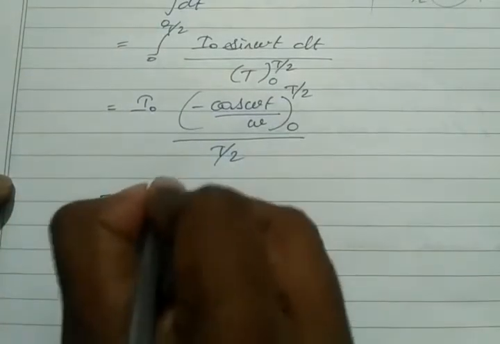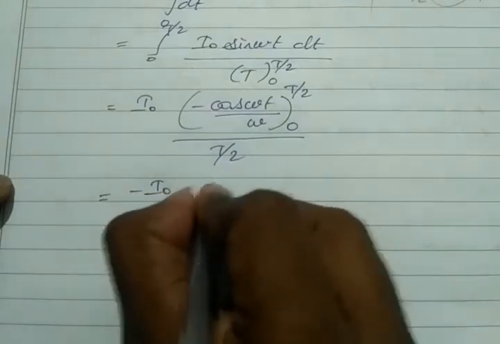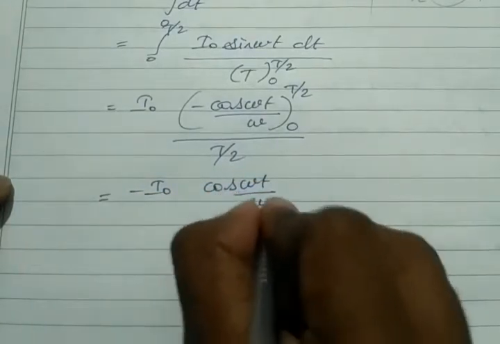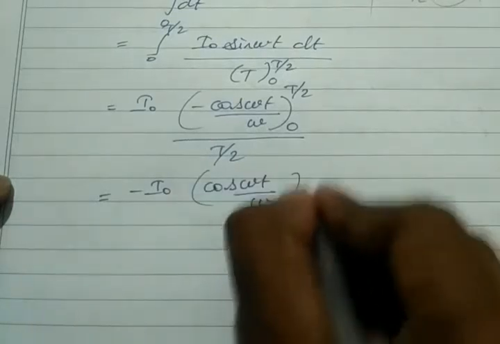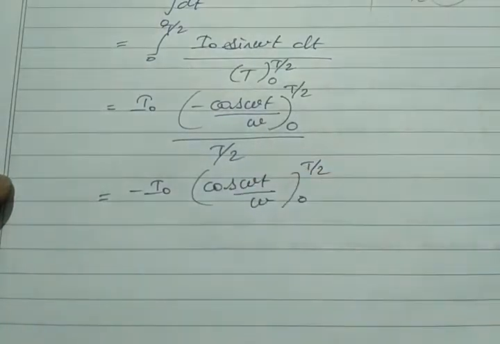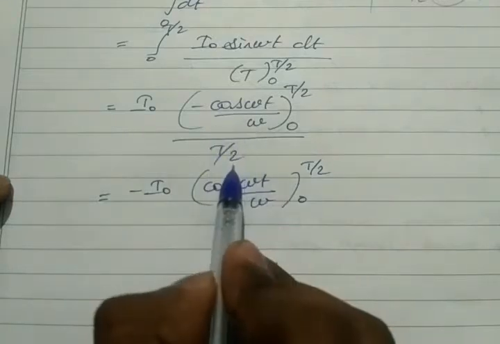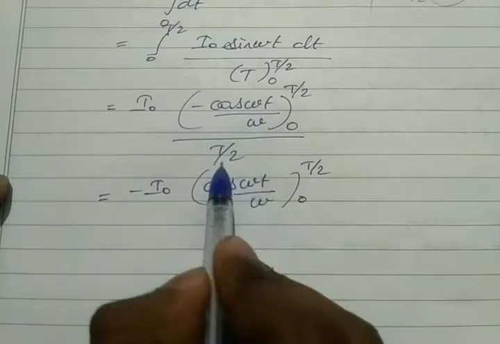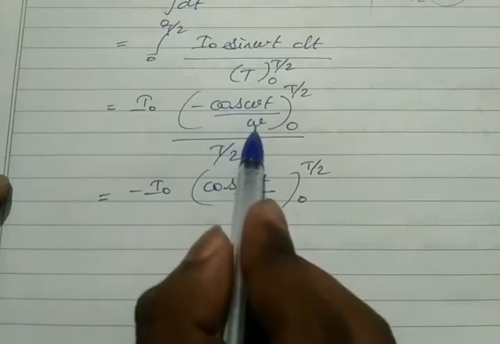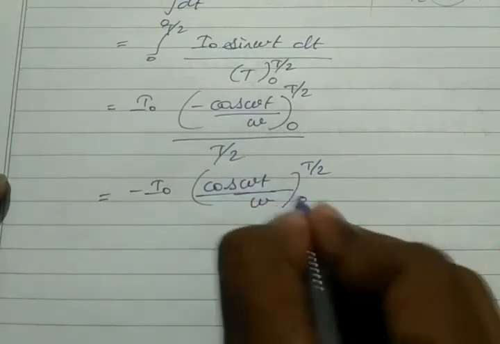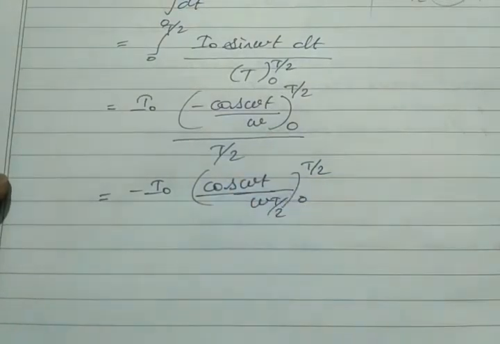Here we have minus I naught cos omega t divided by omega, from 0 to T by 2. Or we can say this omega also goes into the denominator. So here we have omega, here we have T by 2, so it will become omega T by 2, correct? So I can write this as omega T by 2.